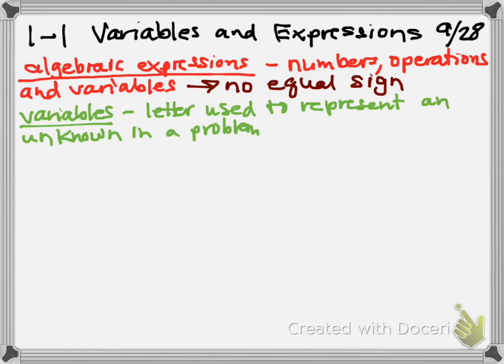Keep that in mind as you're writing down your definitions. Okay, and you can use any letter. People tend to use X a lot. Certain letters are not the greatest. For example, T, because it looks like a plus sign the way that you draw it. So you have to be kind of cautious with that.